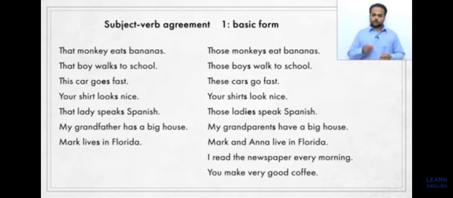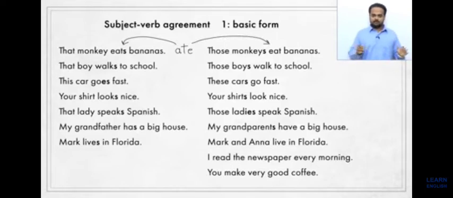Let's get back to the original sentences for a moment. I want to point out that subject-verb agreement rules only apply to the present tense. In the past tense, subject-verb agreement isn't a problem because there's only one past tense verb form. The past tense of eat is ate. So we say that monkey ate bananas, those monkeys ate bananas.